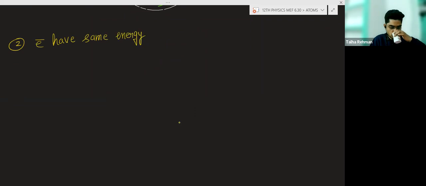So the second point is that the electron has the same energy as that of the orbit in which it is revolving.